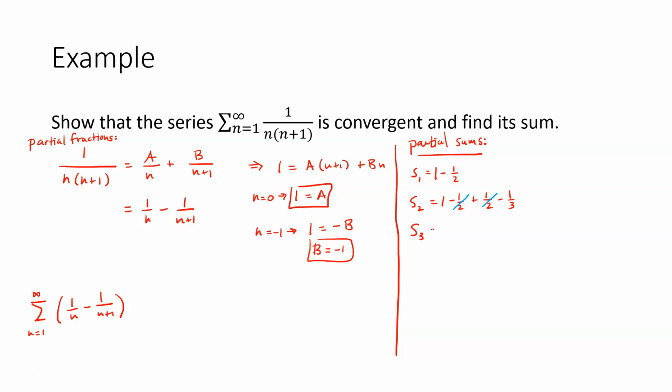Let's try S3, which will be adding up 1 minus 1/2 for the first term, 1/2 minus 1/3 for the second term, and then 1/3 minus 1/4 for the third term. When I simplify this, 1 minus 1/2 plus 1/2 cancels. Minus 1/3 plus 1/3 cancels. So again, this formula collapses down into just 1 minus 1/4.